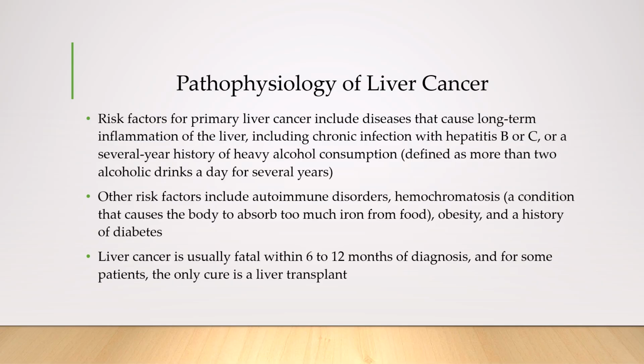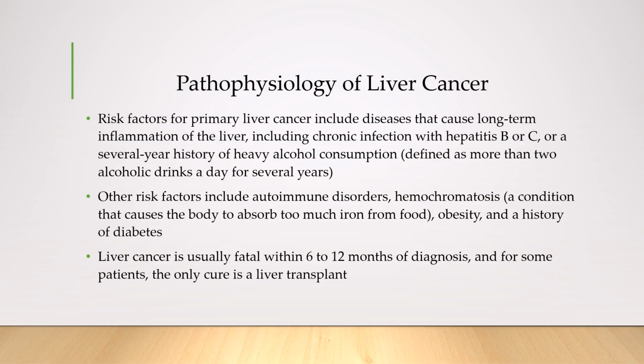Risk factors for primary liver cancer include diseases that cause long-term inflammation of the liver, including chronic infection with hepatitis B or C, and a several-year history of heavy alcohol consumption, and this is defined as more than 2 alcoholic drinks a day for several years.